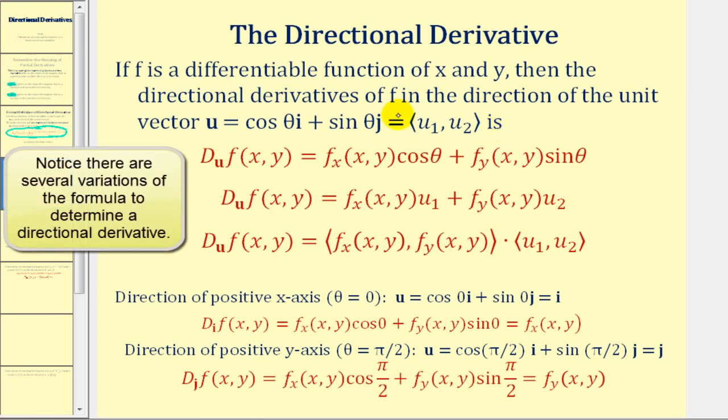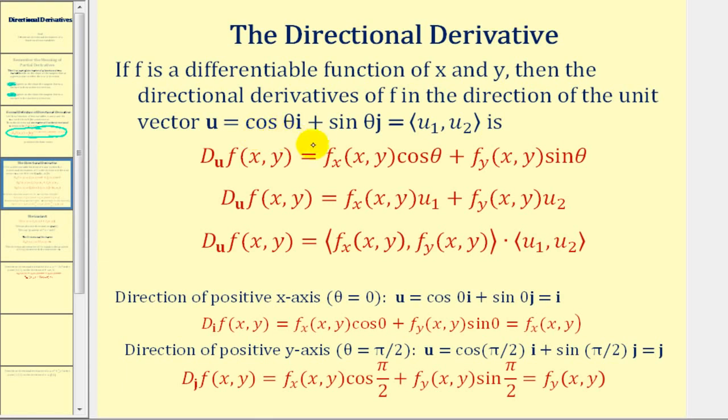If f is a differentiable function of x and y, then the directional derivative of f in the direction of the unit vector u, which can be expressed as cosine theta i plus sine theta j, or in component form, is the partial of f with respect to x times cosine theta plus the partial with respect to y times sine theta. Or we can replace cosine theta and sine theta with the x and y components of the unit vector.